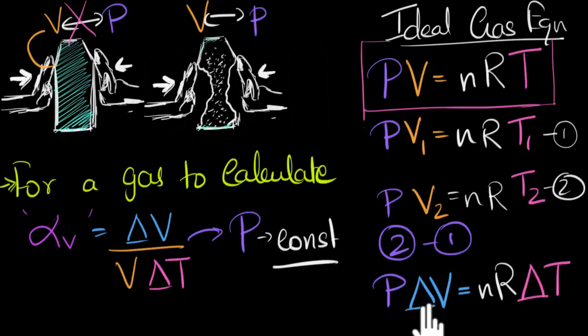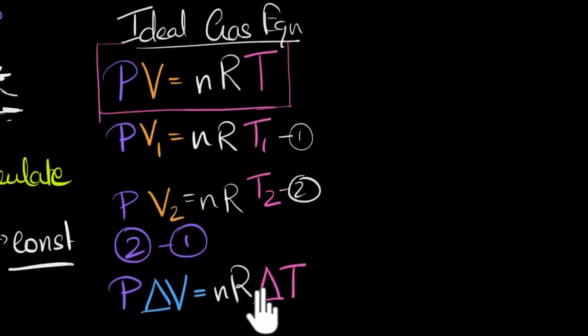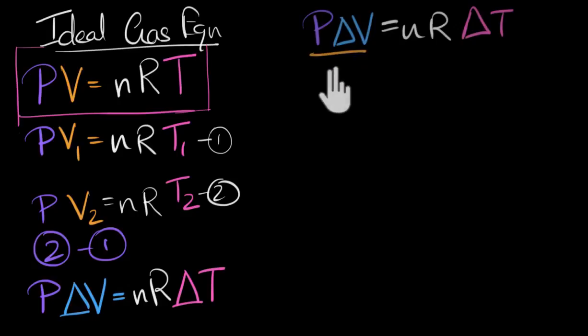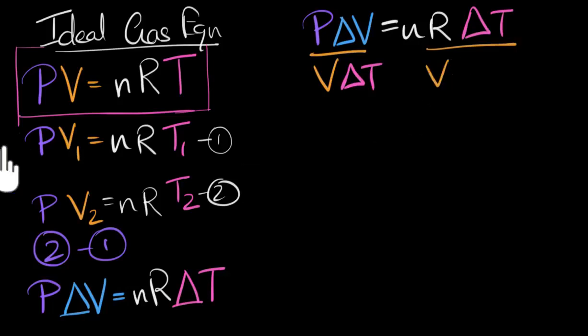Now, from this equation, we can calculate what delta V is, the change in volume, but we want to calculate how much the volume changes per unit volume, per unit temperature change. So let's go ahead and divide this equation by V delta T, on this side and on this side. The delta T cancels out over here.